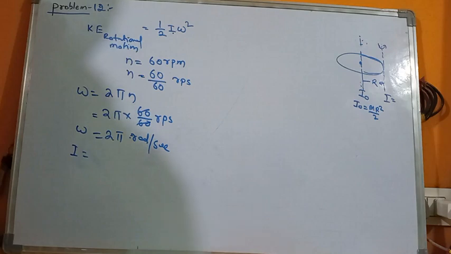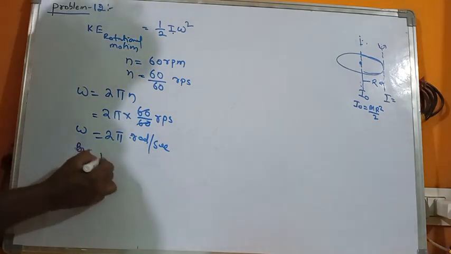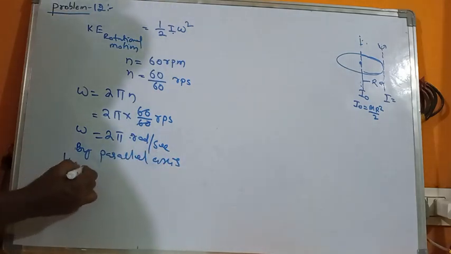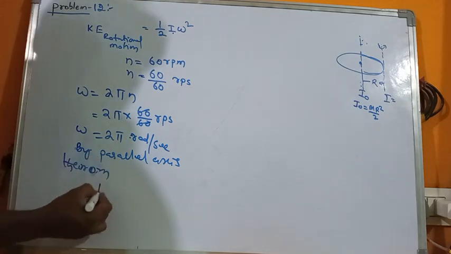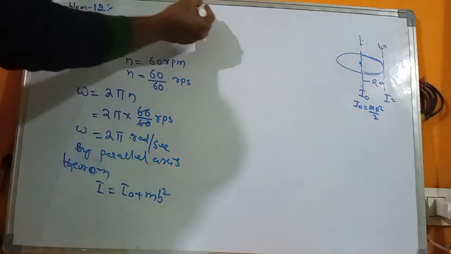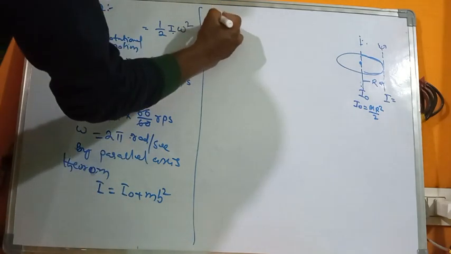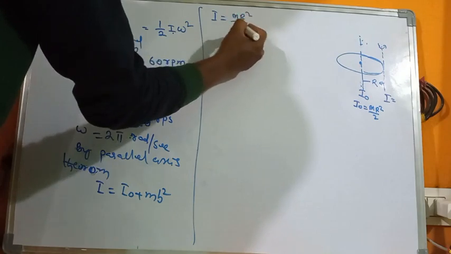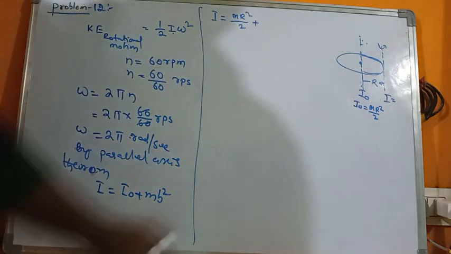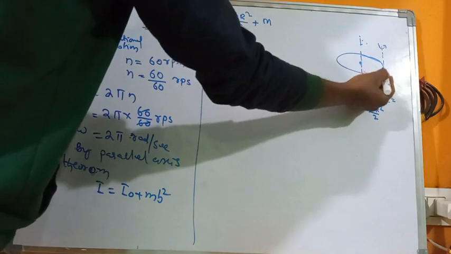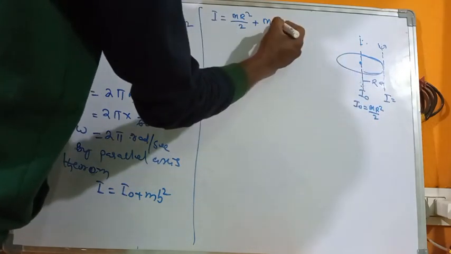According to the parallel axis theorem, I is equal to I naught plus m b square. I naught is mr square by 2, plus the mass of the disk m times the distance between the two parallel axes squared, r square.